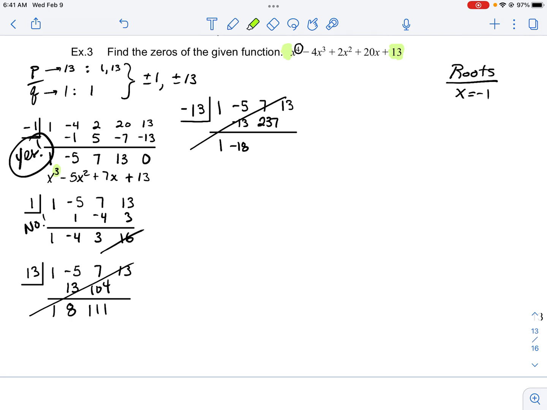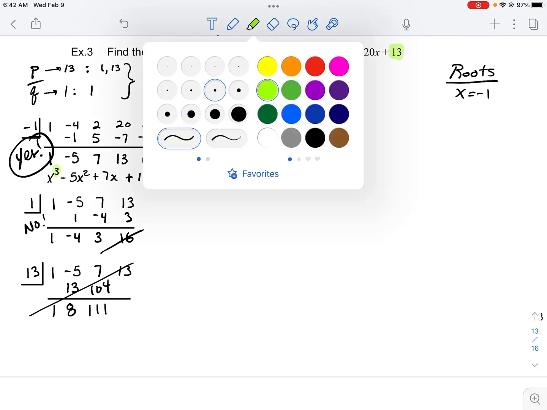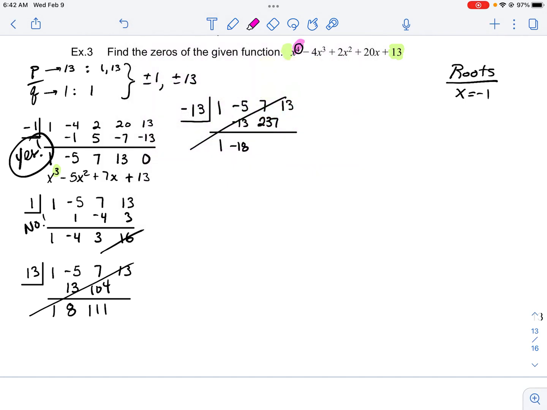So backing up, remember that since this exponent up here, this 4, I'm either going to have all 4 of them that work, which clearly they don't, or I'm going to have 2 that work. Well, I found one that does, but the other 3 don't. So that becomes a big question mark.